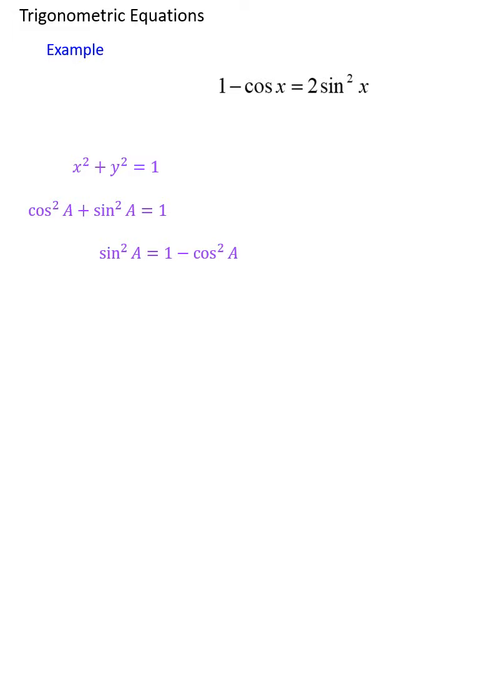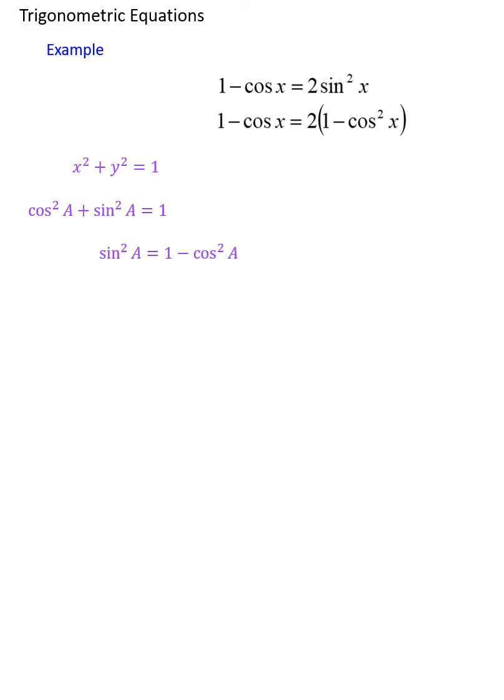Now, why is any of this relevant? Well, look at the original problem at the top of the screen. Because of this discovery that you see on the left, the equation in the upper right can convert into 2 times 1 minus cosine squared. In other words, I've replaced sine squared with 1 minus cosine squared.